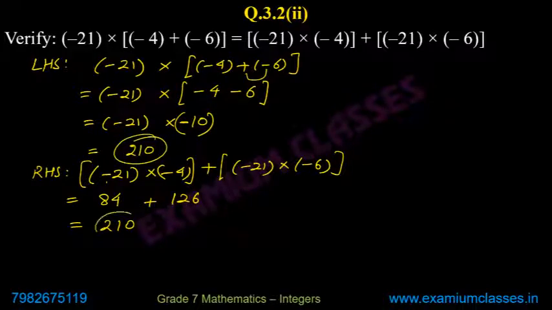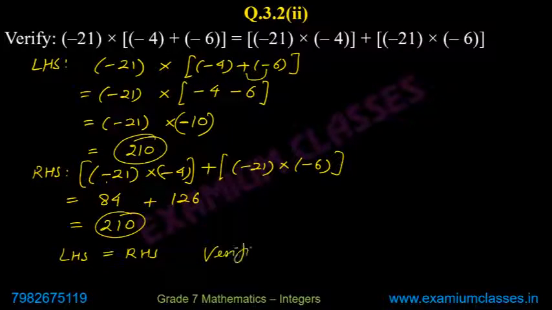So left-hand side equals right-hand side. Verified. These are equal. Now the property is distributivity.